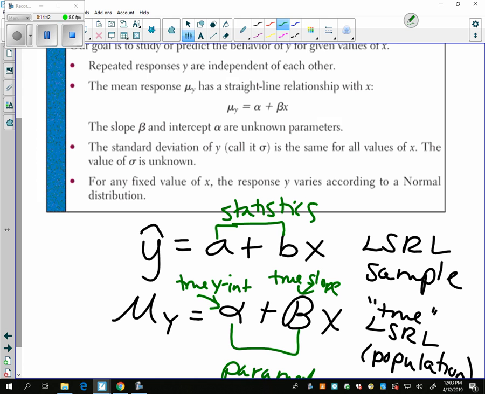So going back up, it says the mean response mu of y has a straight line relationship with x. The slope and y-intercept are unknown parameters. The standard deviation of y, call it sigma, is the same value for all values of x. The value of sigma is unknown. Hence, if the value of sigma is unknown, what's my distribution?